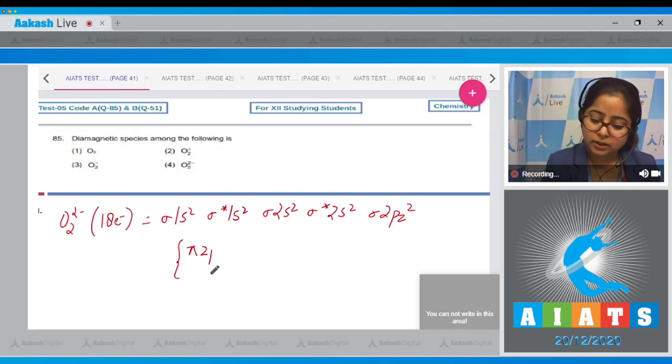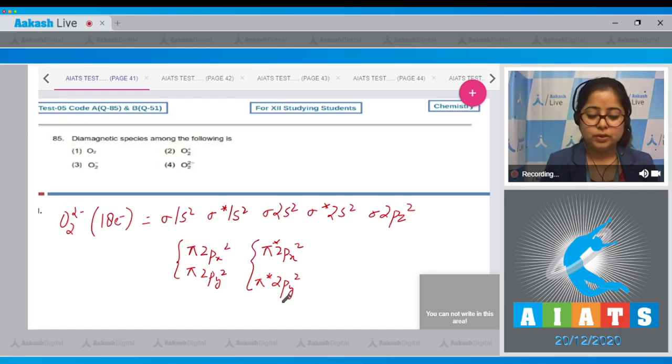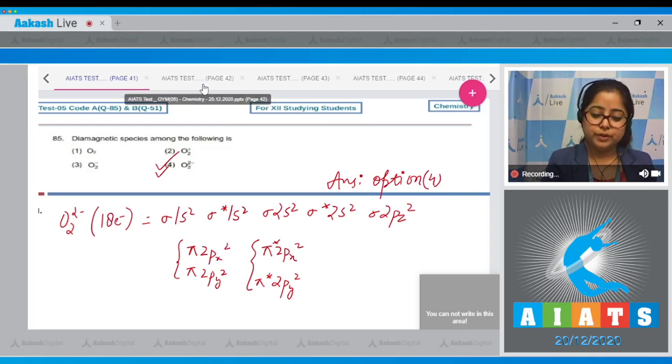Then we have pi 2px2, pi 2py2, pi star 2px2 and pi star 2py2. That means there is no unpaired electron in O2 2 minus. As a result, O2 2 minus is diamagnetic. So the correct answer is option number 4. Moving to next question.